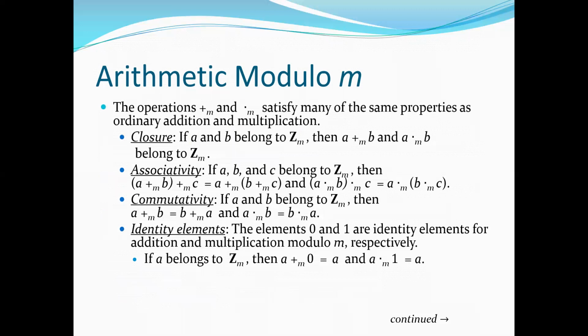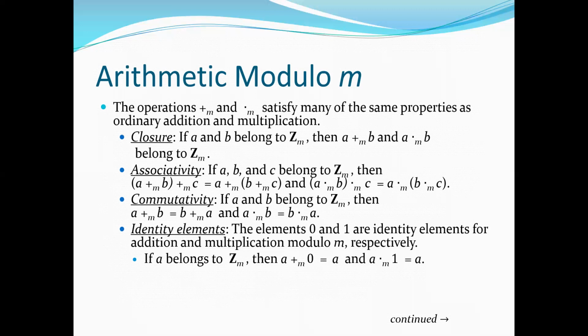And these are some of the properties or rules that we could apply in arithmetic modulo M. So closure: if A and B belong to Z sub M, then A plus M B and A times M B belong to Z sub M. So basically it's just a definition.